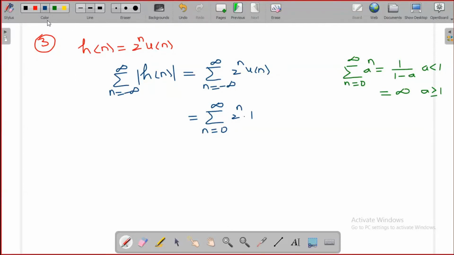Now here, what is the a value? Here the a value is 2. Okay, 2 power n. The a value is 2, which is greater than 1. So the summation result is infinity. Now the summation n from minus infinity to plus infinity mod h of n value is infinity.